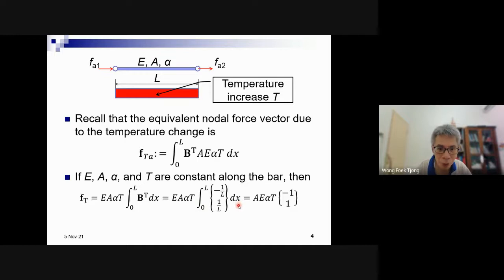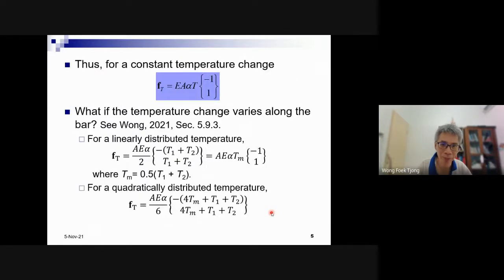The result is L, right? So it becomes like this, because L divided by L gives minus 1, and L divided by L gives 1. Let's prove the previous statement. So we have this one, okay?